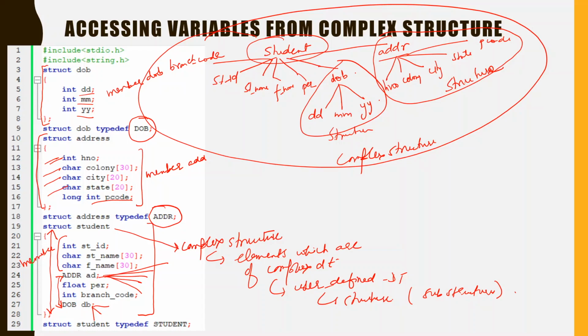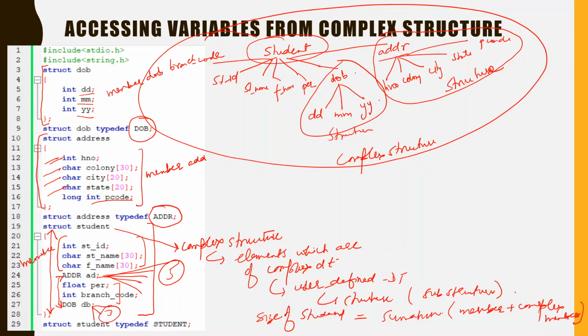In this way, the total number of parameters in the student are these three plus these two: five, and five of the address, and three of the date of birth. We can also see that the overall size of student equals the summation of all the member variables, normal members plus complex members.